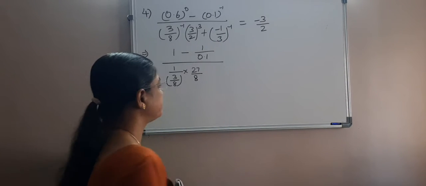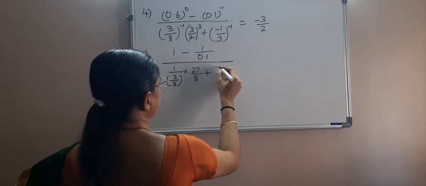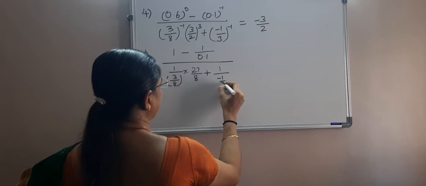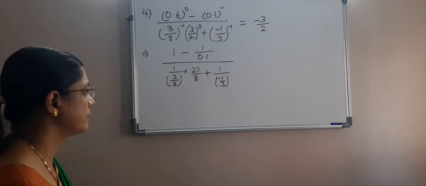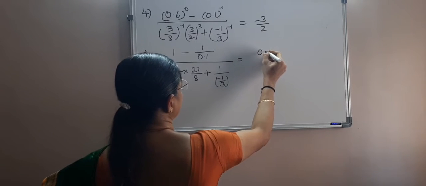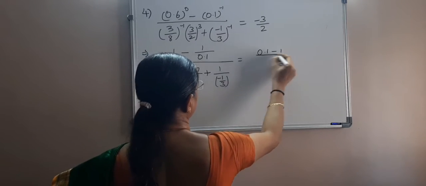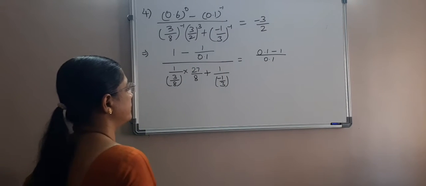You understand? Plus, and this minus 1 by 3 becomes 1 divided by minus 1 by 3, because minus 1 is there, a negative exponent. So bring it downwards to become a positive exponent. Now this becomes 0.1 minus 1 divided by 0.1, because 0.1 is the LCM.